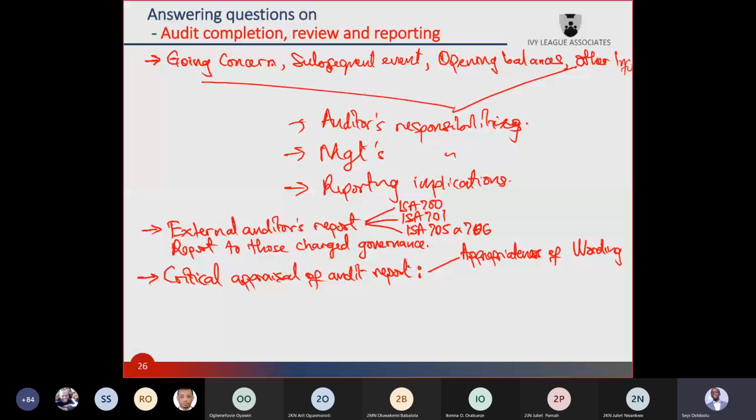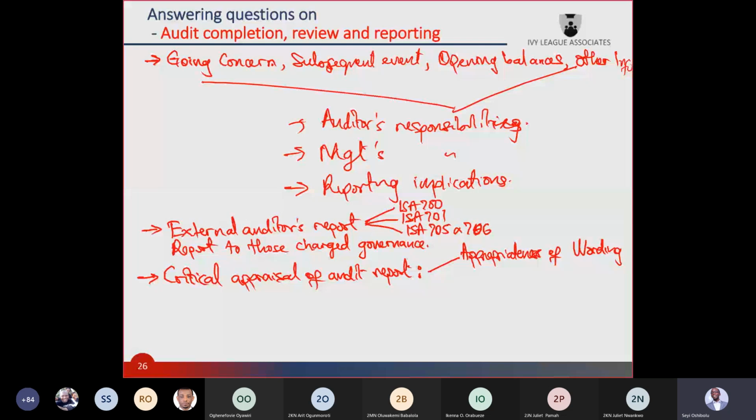So the wording, you can't just accuse management in an audit report. You can't just say things that would imply that you are giving an absolute 100% assurance. So you need to look at the wording of the report. You can't say things that would imply that you are auditing the area that you are not responsible for.